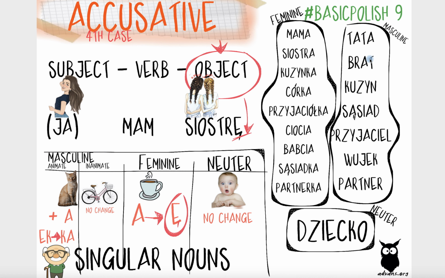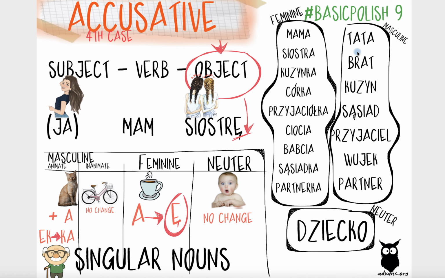So I want you to think about adding a for animate. So in order to say I have a brother, you would say mam, and then brata. You would have to add the letter a. Mam brata.